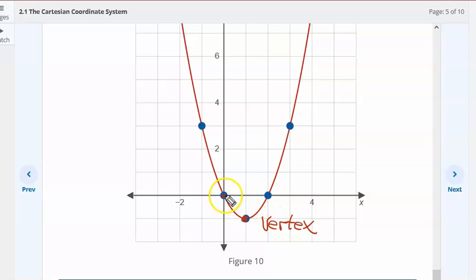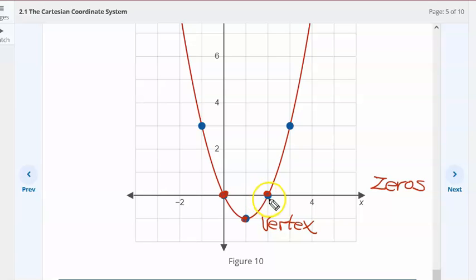Now over here and here, these are the zeros. That is where your x-intercepts are found when your y value is 0. And since it goes through the origin, it's also the y-intercept.